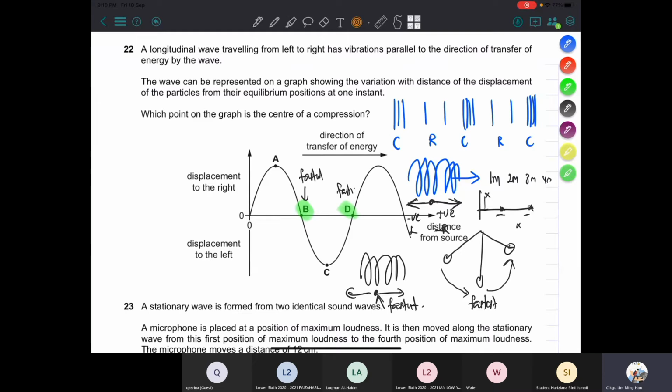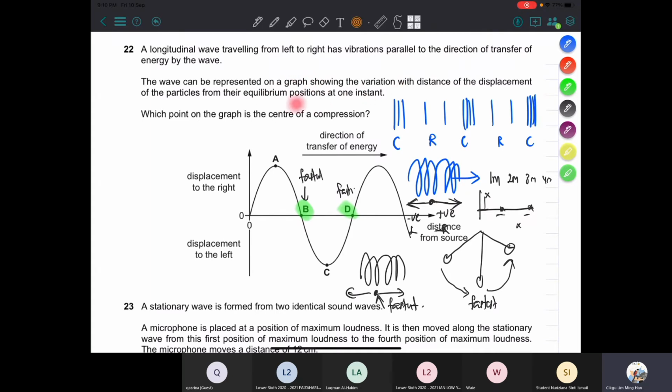I suspect it is these two points here, but it's coming back. The spring direction, distance from the source, displacement. Parallel to the direction of the energy.